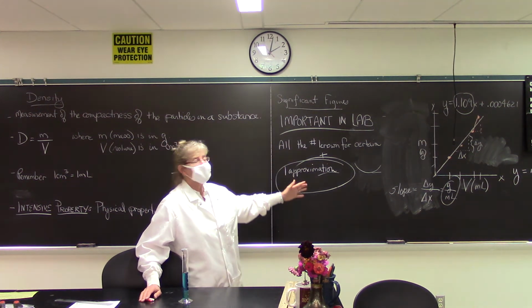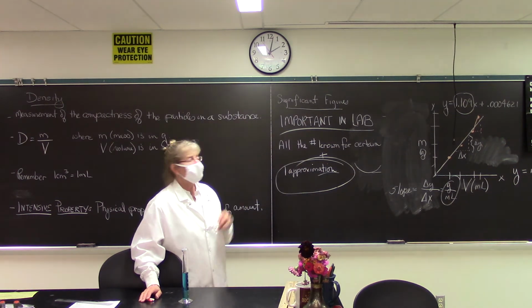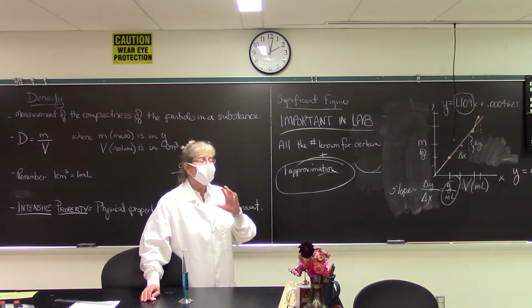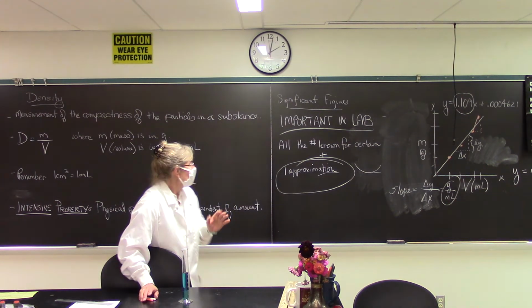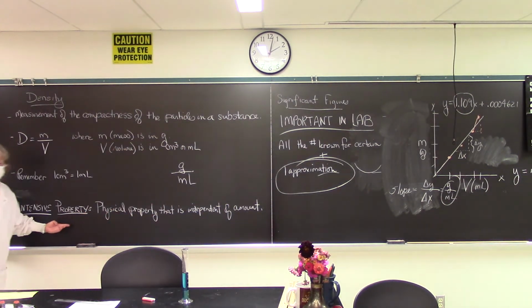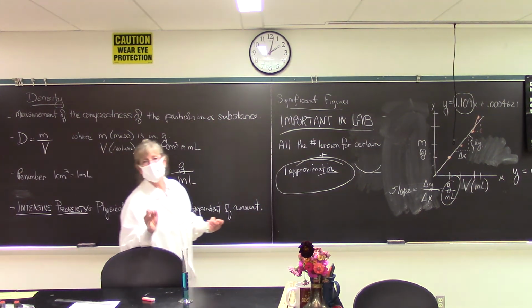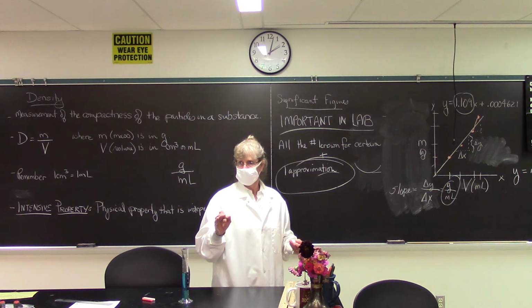You're going to be taking several measurements, plotting them on the graph and finding your density. Once you find your density, because it is an intensive property, not dependent on the amount, very much dependent on what the substance is.